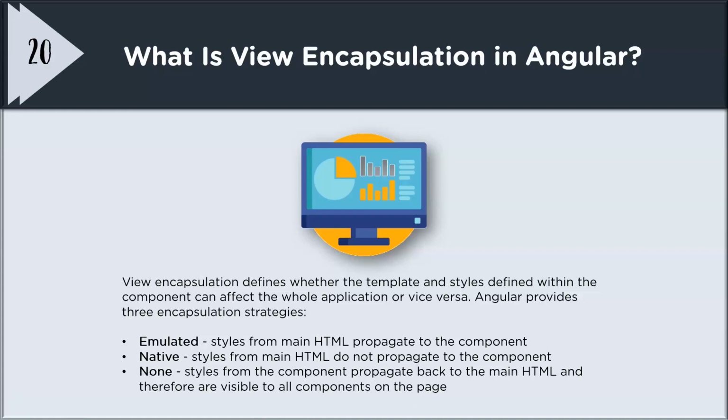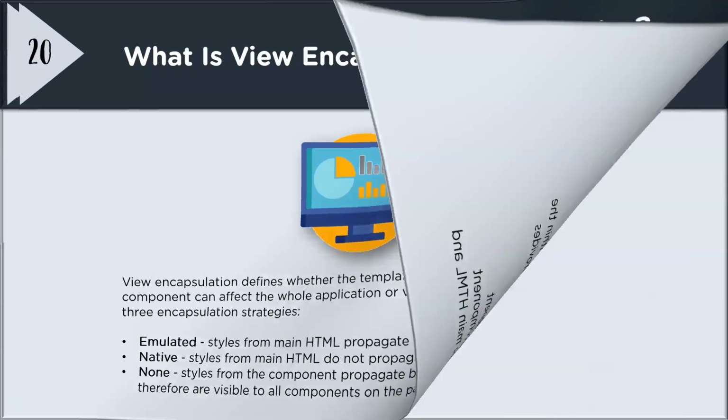Then there is native, which indicates that the styles from the main HTML do not propagate to the component, meaning it does not affect the component. And lastly, there's none, which means that styles from the component propagate back to the main HTML and therefore are visible to all the components on the page. Now, this indicates different types of changes and how they are affecting the entire application.